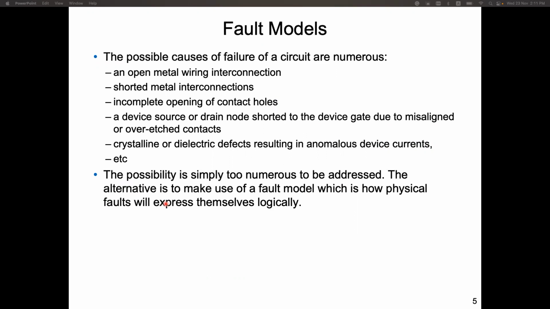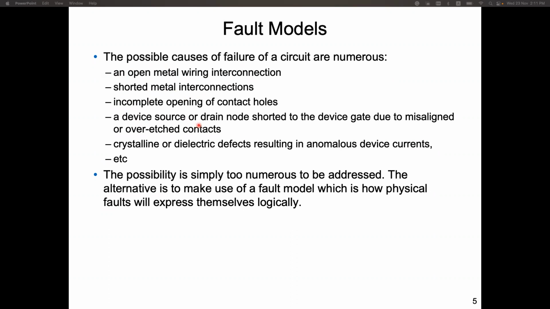The possible causes of a circuit failure are numerous, such as an open metal wiring, where a metal interconnection is broken, or two wires short-circuited due to some manufacturing fault. Incomplete opening of contact holes.